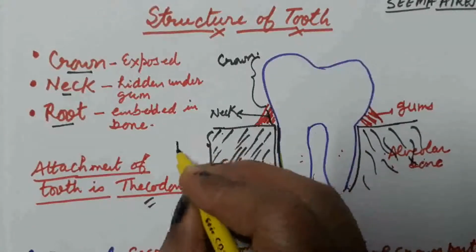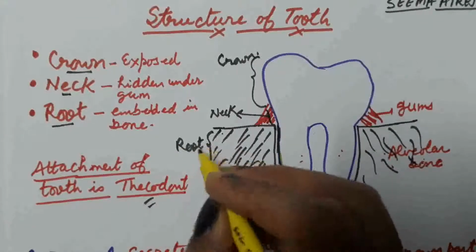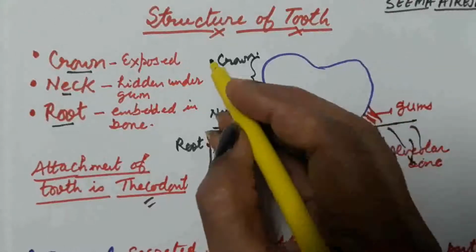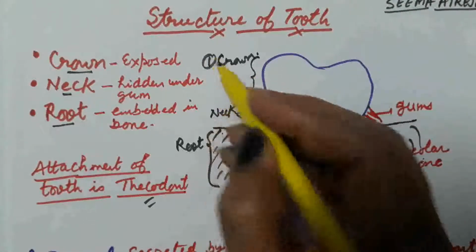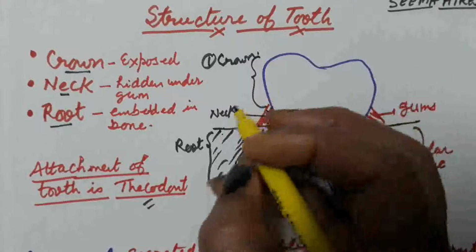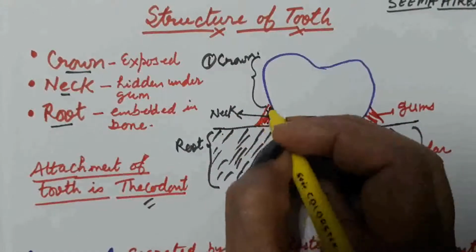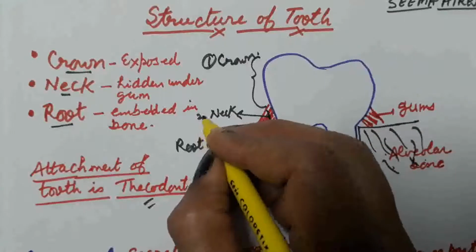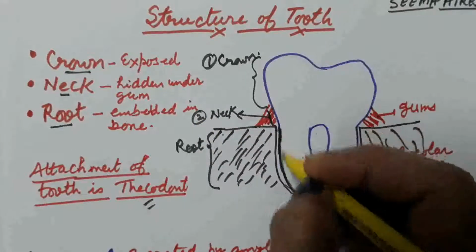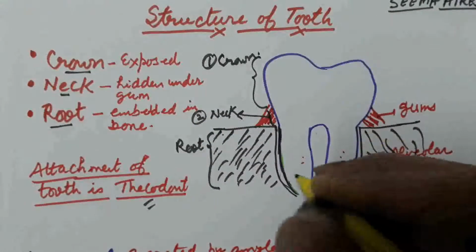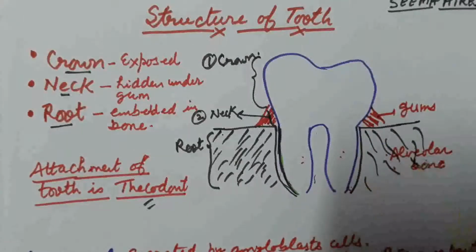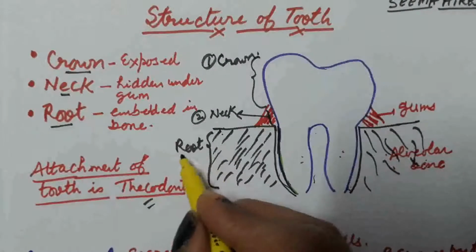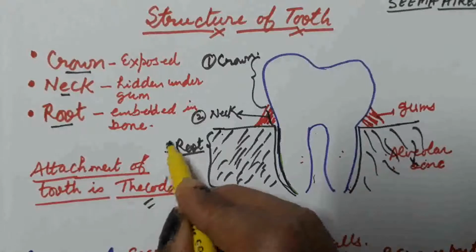We call it the root. So these are the three parts of the tooth. The exposed portion is the crown. The portion embedded in the gums is known as the neck region, and the part found embedded in the sockets of the alveolar bone or jawbone is known as the root.